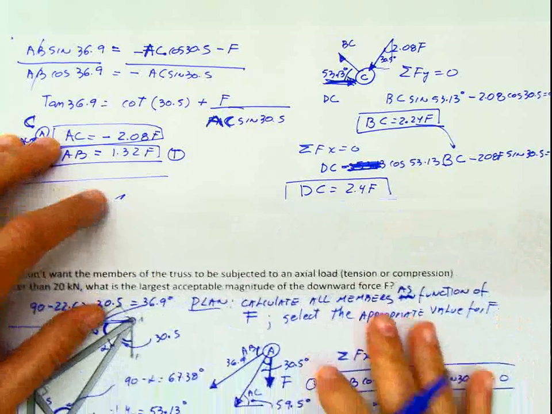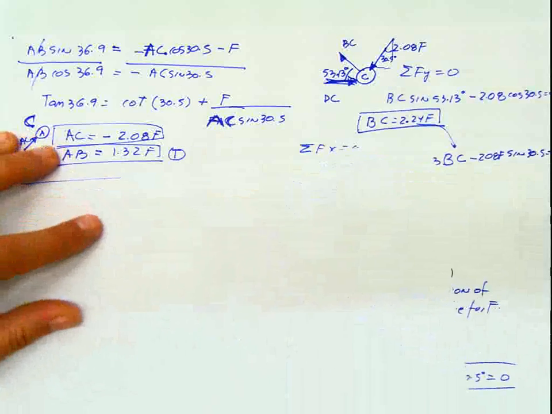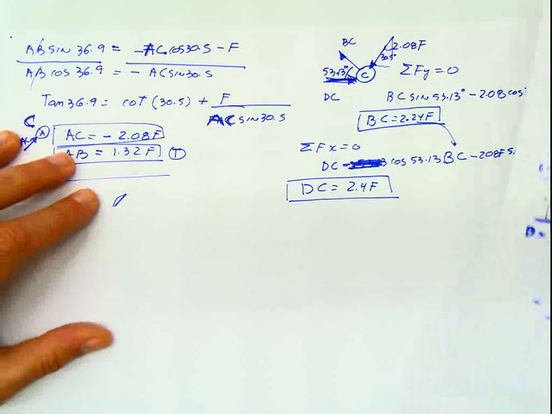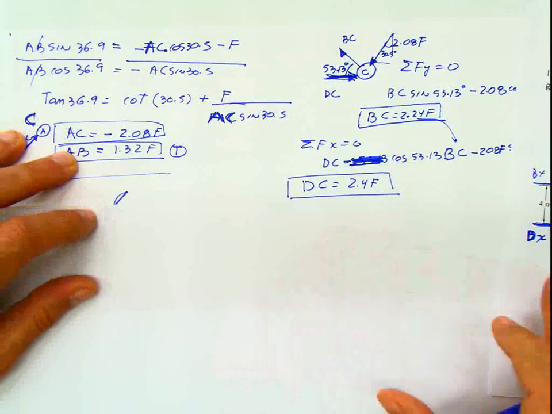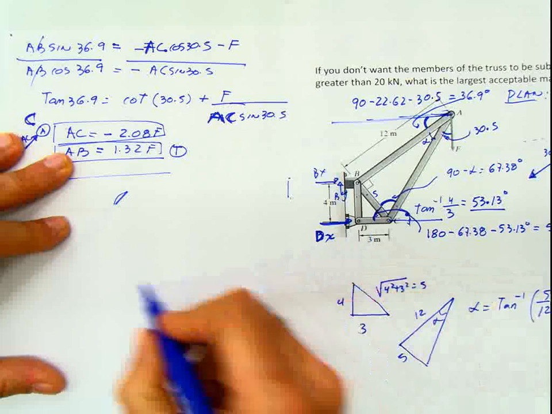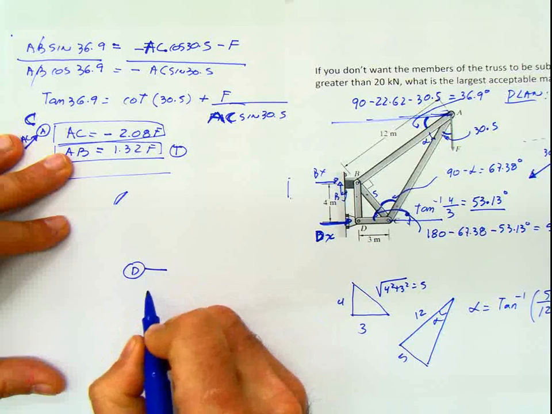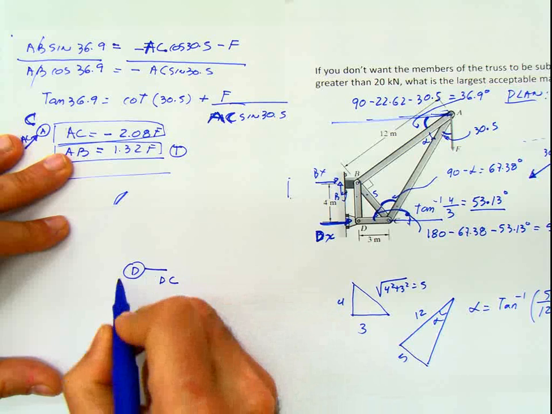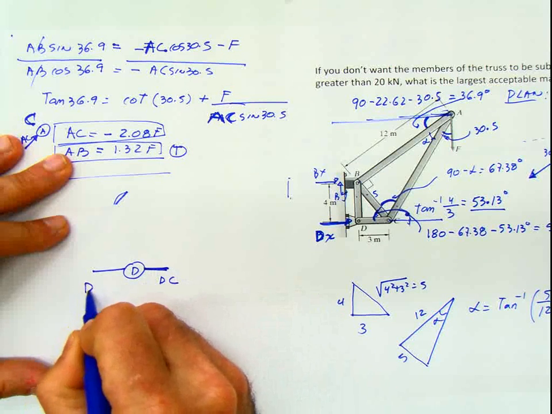So the only piece of the puzzle that we are missing is the force BD, this force here. And for that, I can go and analyze the joint D. And then I have DC. I have this reaction, which is dx.